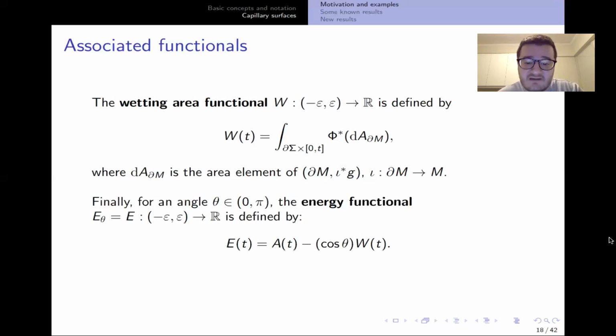And we define finally the energy functional we are interested in, which I call E theta, which depends on an angle theta between 0 and pi. And we define it as this quantity here: the area functional minus the cosine of theta times the wetting area functional. Notice that when theta is equal to pi over 2, then this energy functional is identically equal to the area functional.